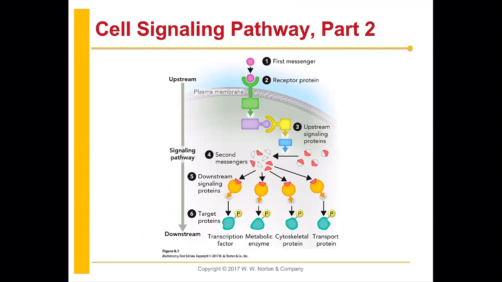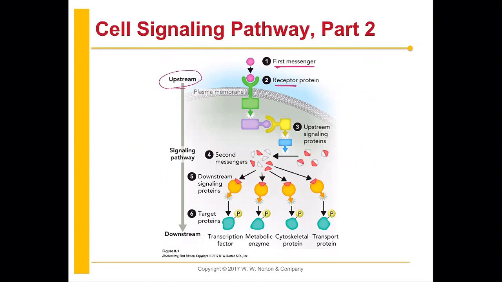So you first have your first messenger, right? This is your ligand, that's going to be received by your receptor. So this is our upstream, see how they've labeled it here, upstream signaling events. Now, we have one ligand that binds. We need to amplify that signal through activation of one or more downstream target proteins.